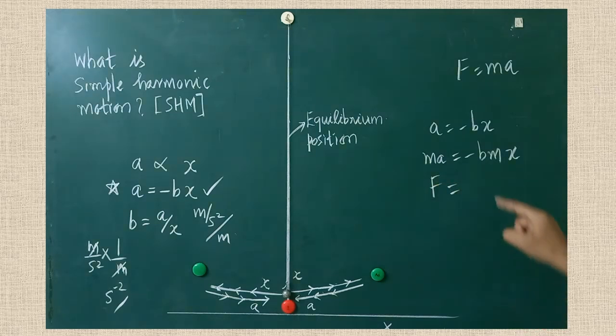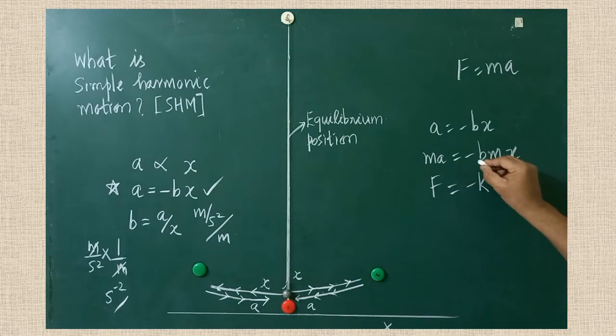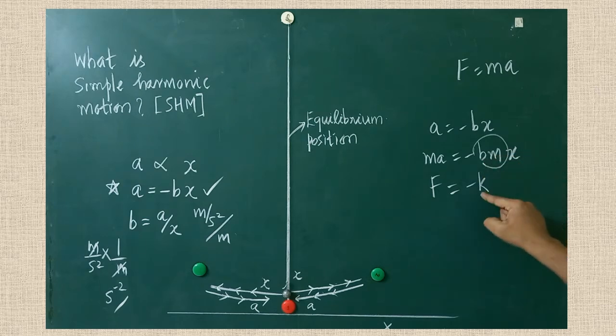F is equal to, here m is a constant, the mass of the body is constant, and B is already a constant. This B and m both can be combined and written in terms of a common constant called K. So it can be written as K into x.